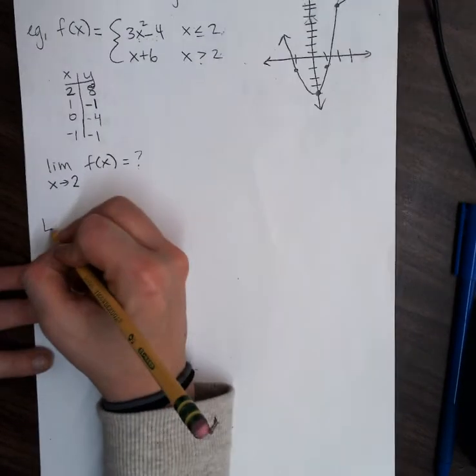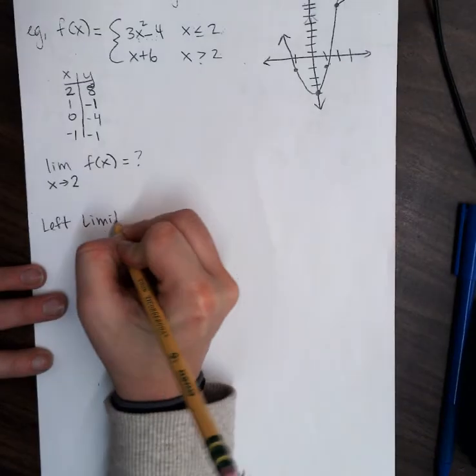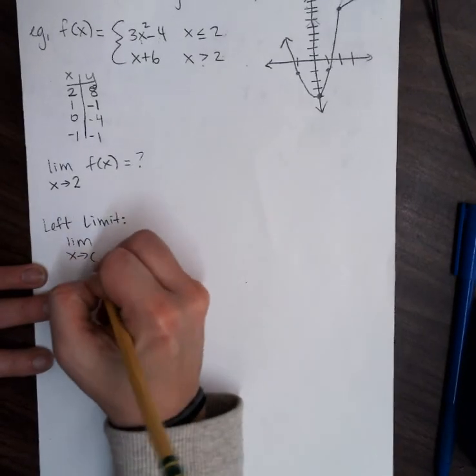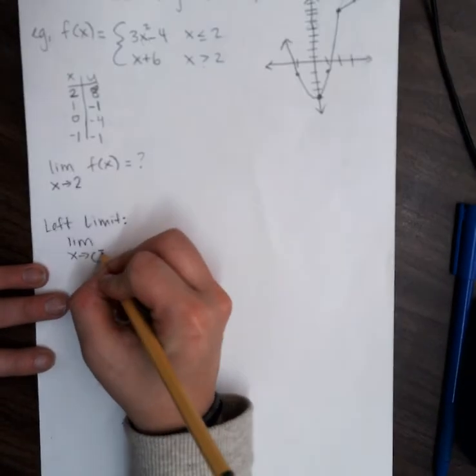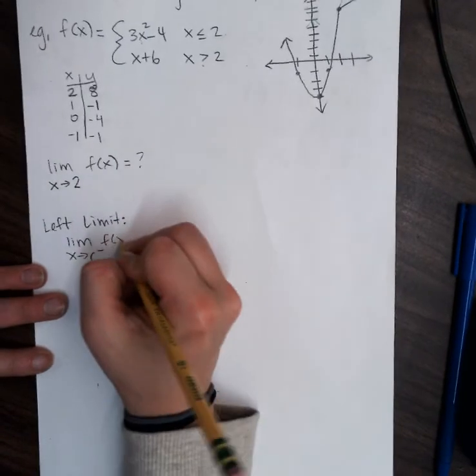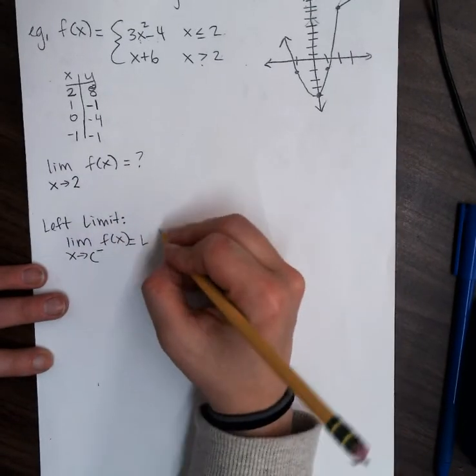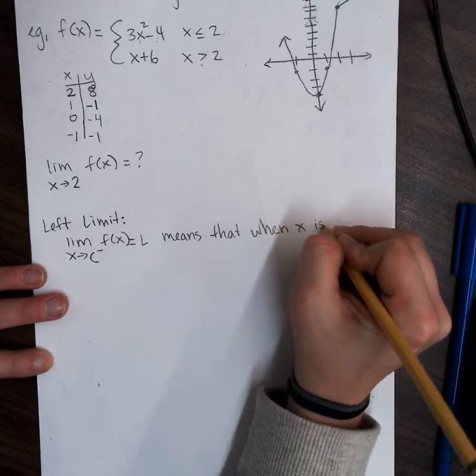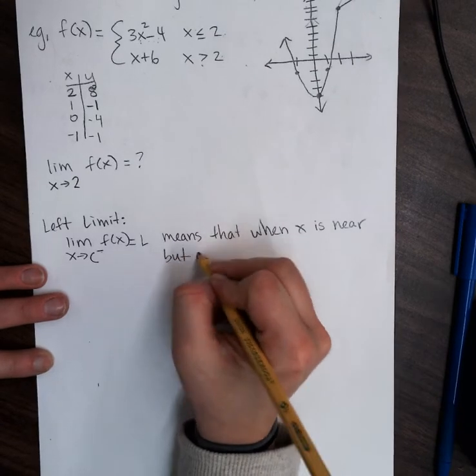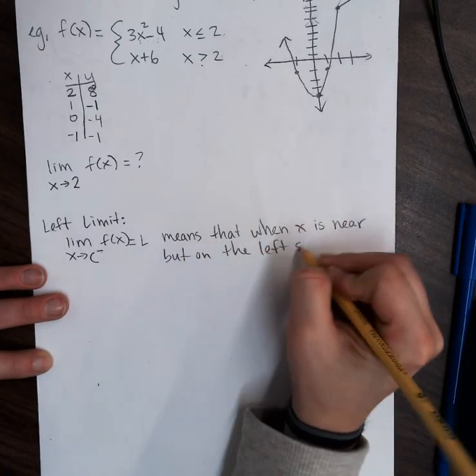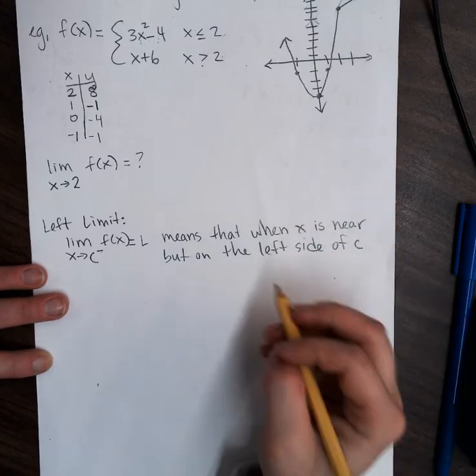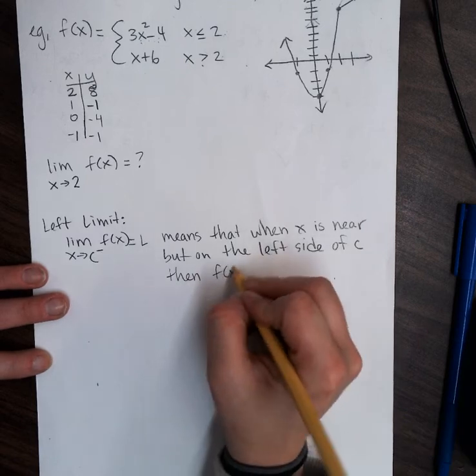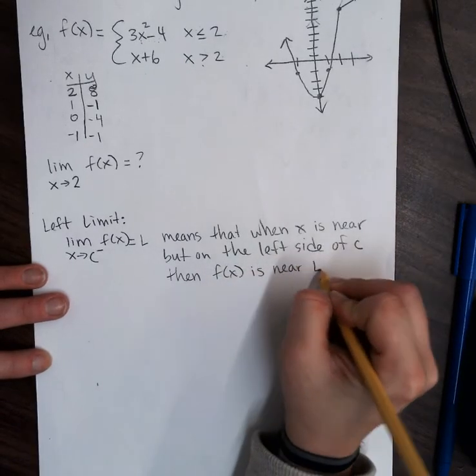So a left hand limit: the limit as x approaches c, some constant, from the left hand side, notice the notation is a negative, of f of x equals L. And this means that when x is near but on the left side of c, on the negative side of c, not necessarily negative on the x value, but on the left side of c, then f of x is near L, the left-hand limit.